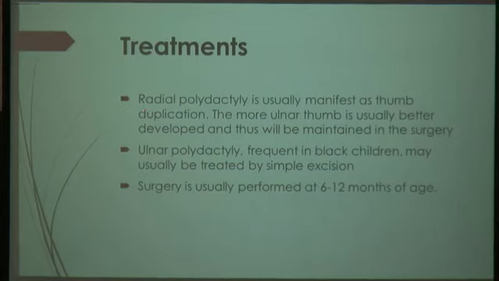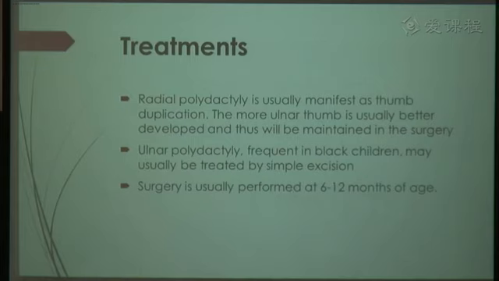For radial polydactyly, which means the extra finger is at the thumb location, like thumb duplication, usually we take out one of the fingers and maintain the other. Usually we maintain the ulnar thumb, which means the thumb closer to the little finger, because that one is better developed and stronger. So maintain that.